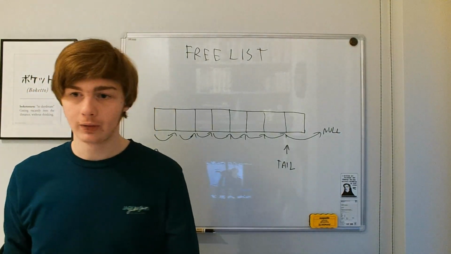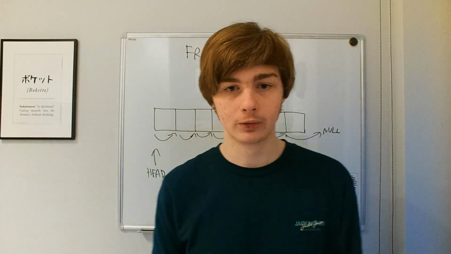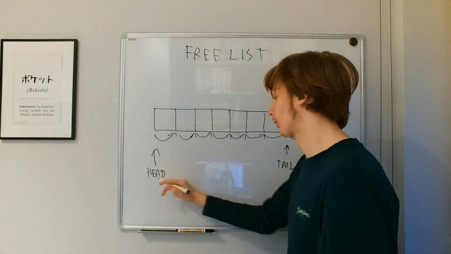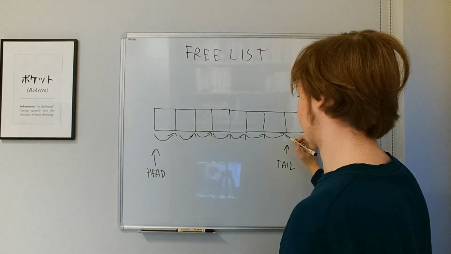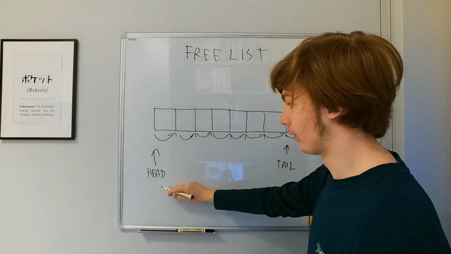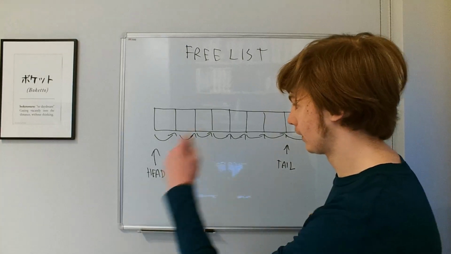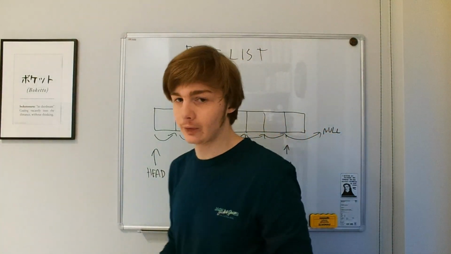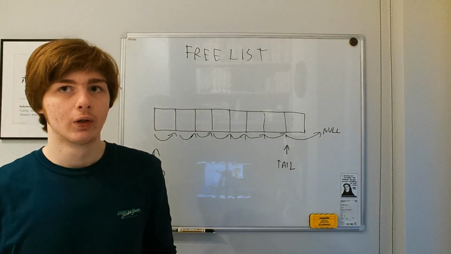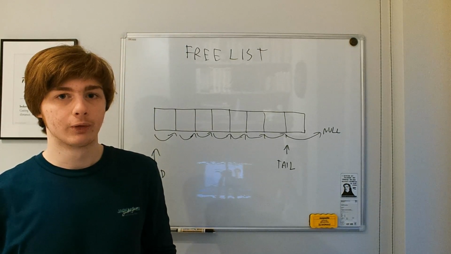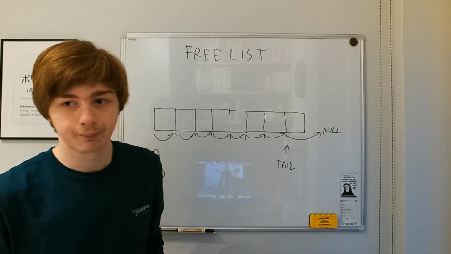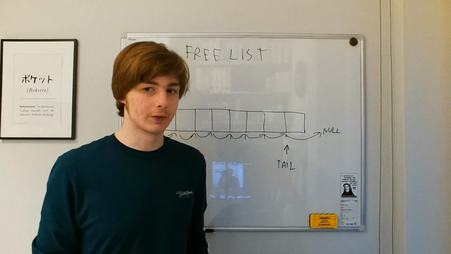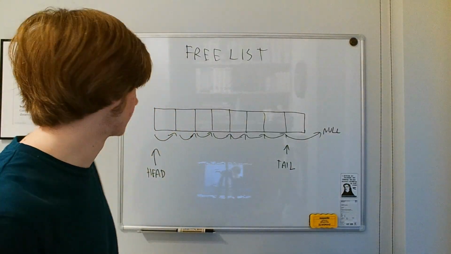So you have a head and tail, and in order to allocate a byte, what you would do is you would take a look at the head, and this Freelist, this whole linked list, it simply is a linked list of all different bytes that are free, right? Or in practice, it's going to be pages that are free.